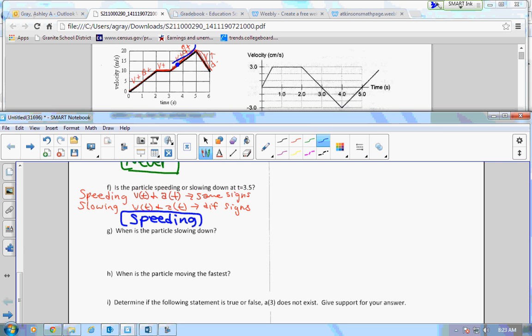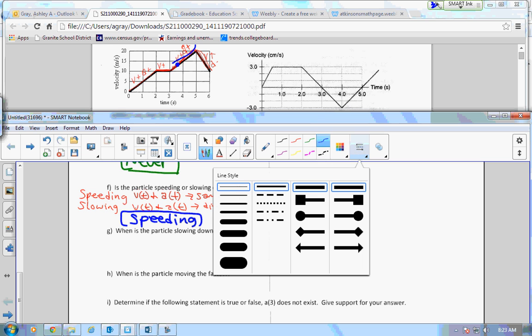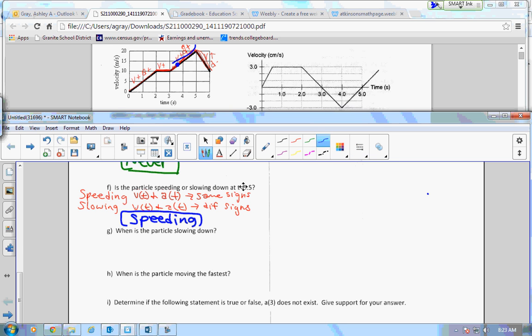On the next one, is velocity always positive? No. Positive, positive, positive, and now it's negative, negative, and then positive again. And the acceleration, what's the acceleration from here to here? Positive, because it's increasing, right? What's about there to there? 0.